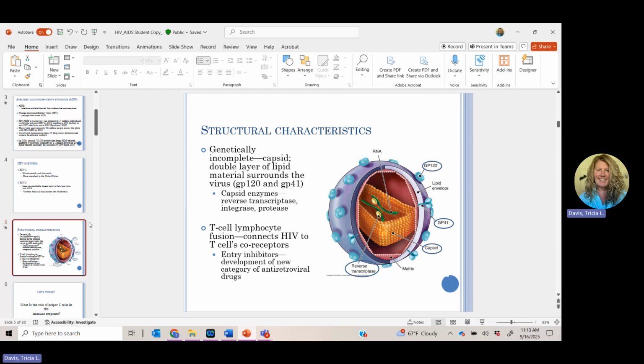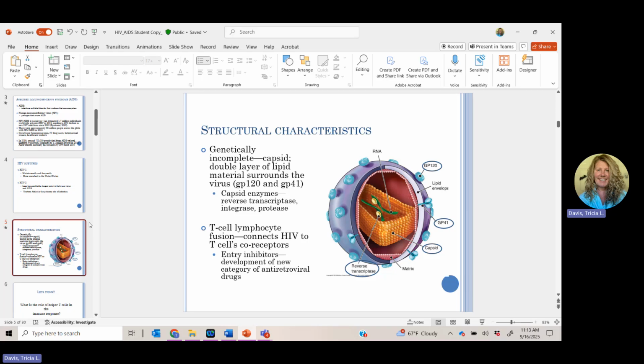So, what are the structural characteristics of this virus? Because it is a virus, it's not a bacteria, okay? These cells are genetically incomplete, and they are surrounded by a double layer of lipid material. Inside of them are a couple of different enzymes.